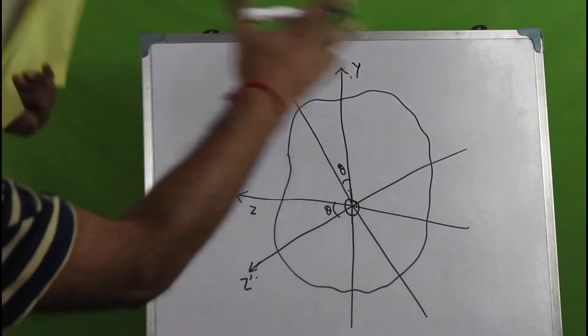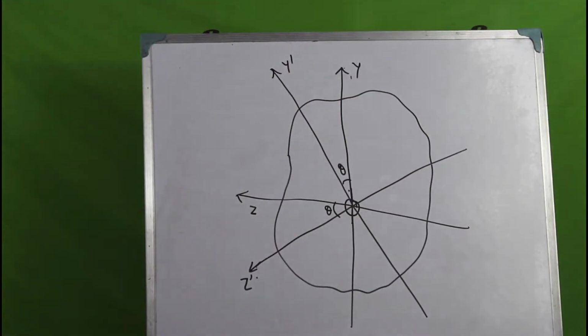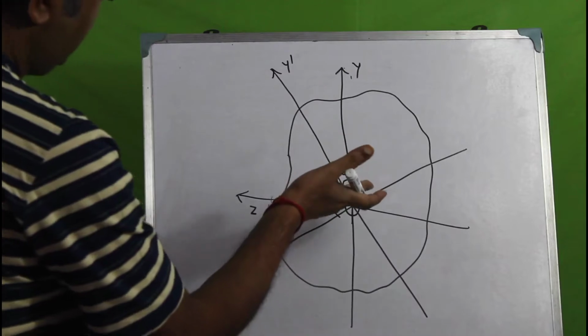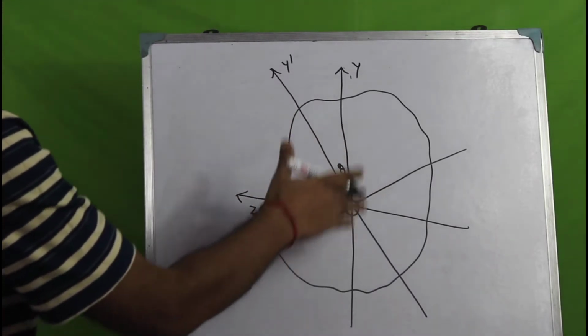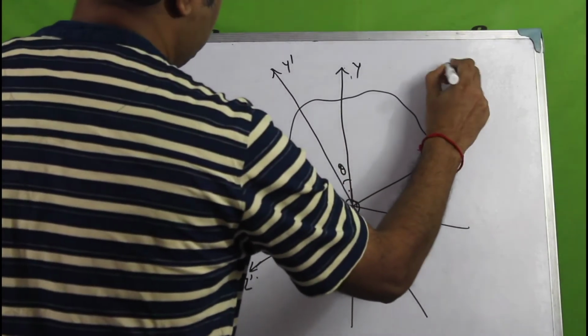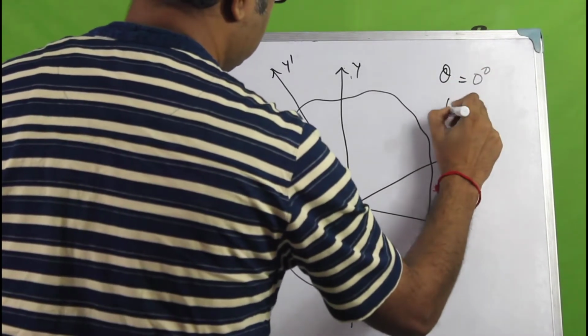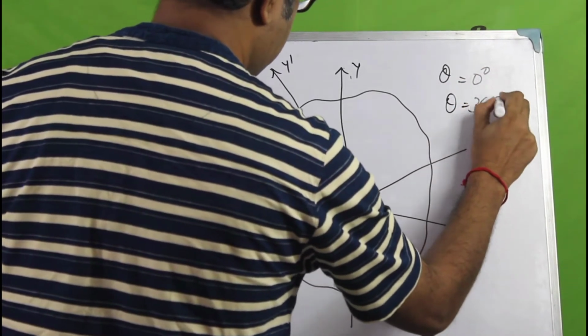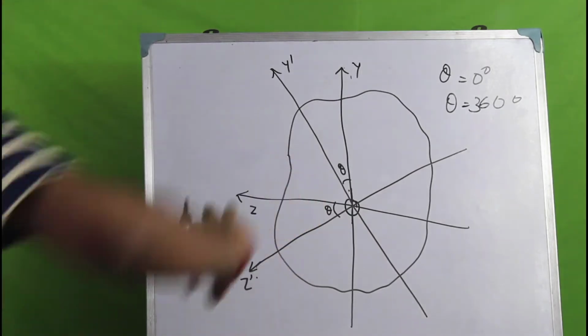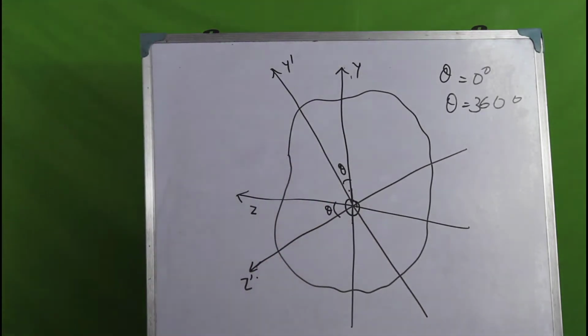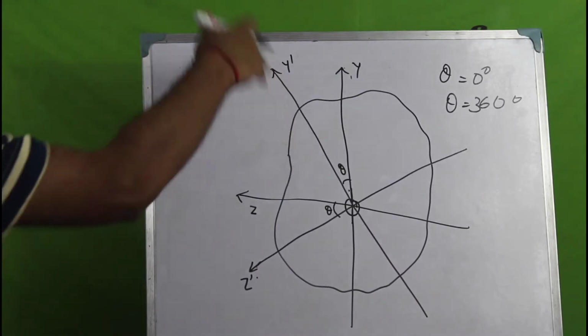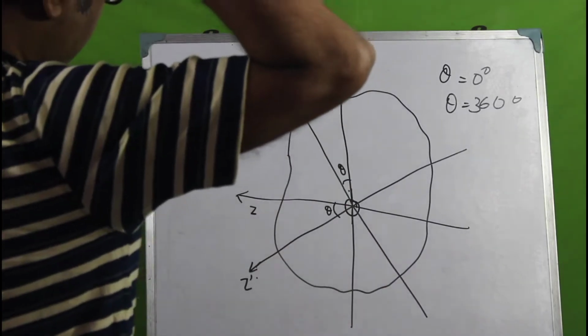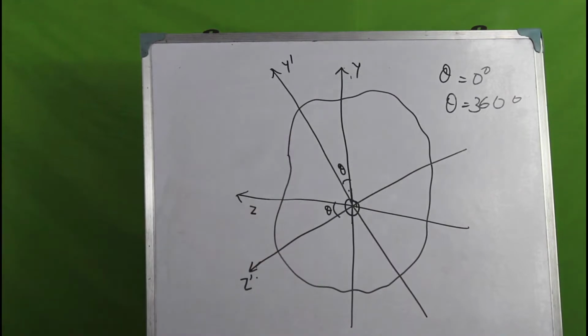If you look at this diagram very carefully, you can see that there are infinite possibilities between theta equal to 0 degrees and theta equal to 360 degrees, right? So you can have infinite possibilities of this centroidal axis. Both y, z and y dash, z dash qualify to be centroidal axes because they pass through the centroid.